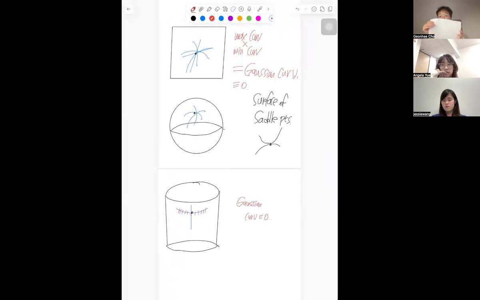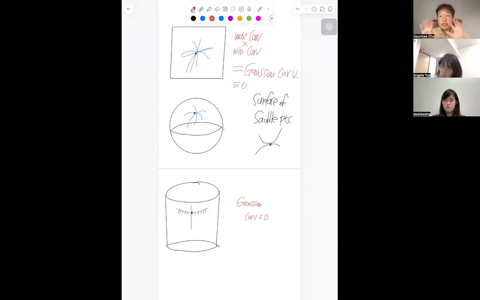So if we start from the Gaussian curvature zero plane, you can change smoothly to make the cylinder. Because they are actually the same surface, it doesn't change the Gaussian curvature values. They are in one-to-one correspondence. Does that kind of make sense to you?